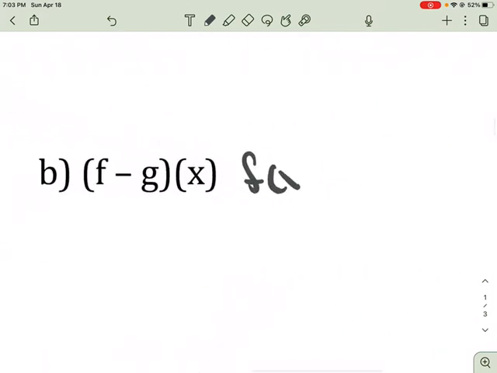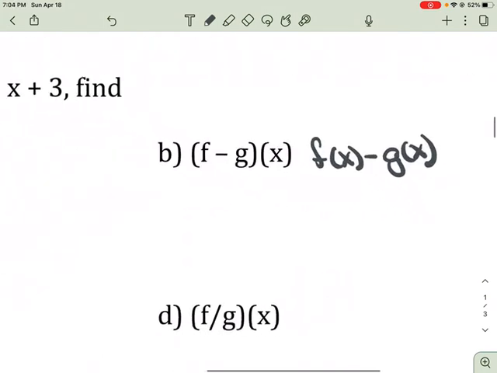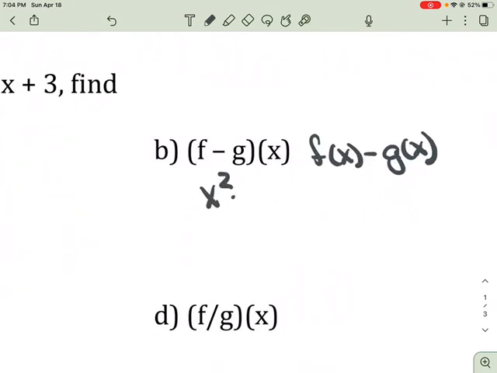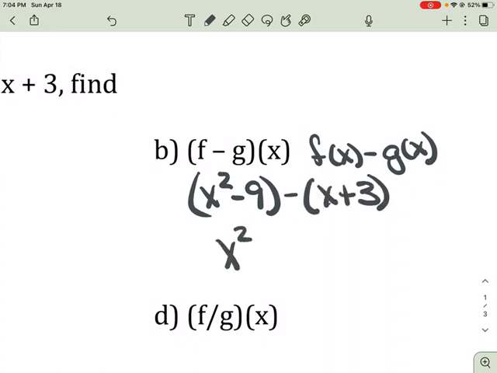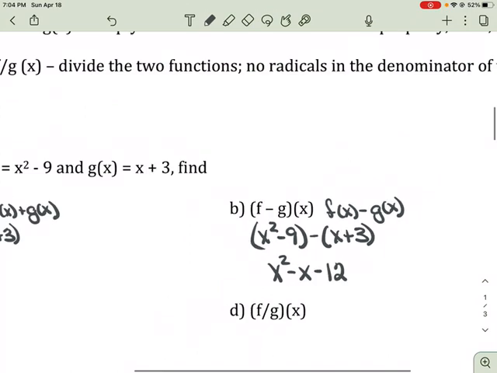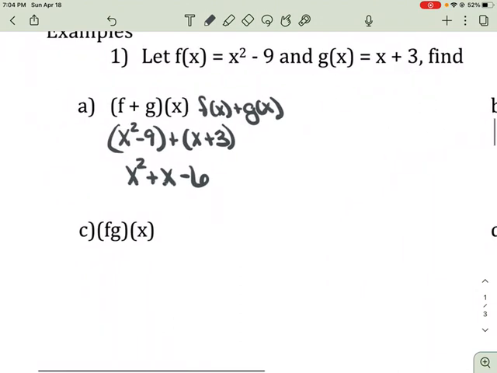So here we have f minus g, so that can be written as f of x minus g of x. Okay, so we're going to take f of x, which is x squared minus 9, and subtract x plus 3, so we get x squared minus x minus 12. Okay.